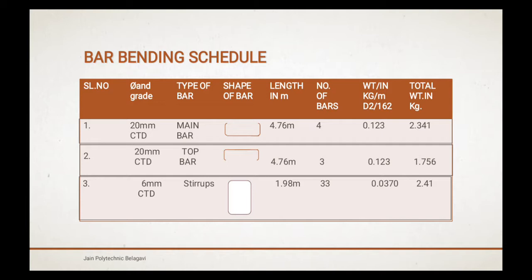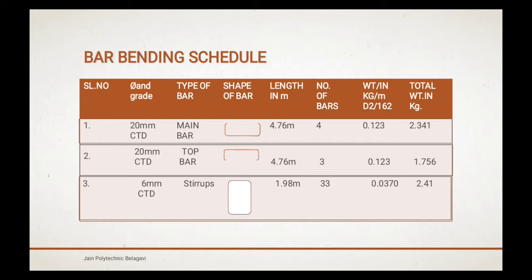First, 20 mm CTD main bar, 4.76 meter, number of bars 4, and weight 0.123 kgs per meter. How does 0.123 come? 20 square divided by 162 is 0.123. Total weight in kgs is length into number of bars into weight in kgs per meter.